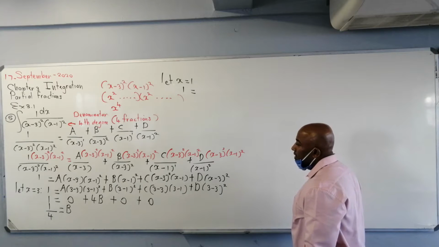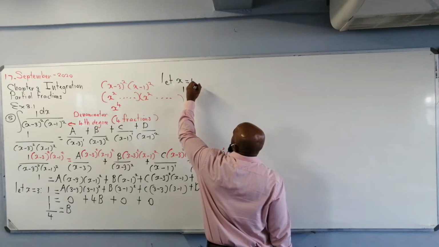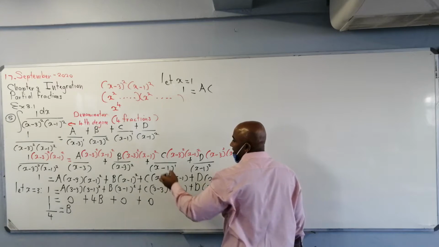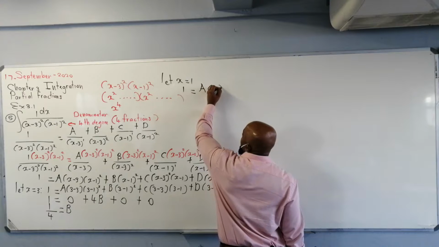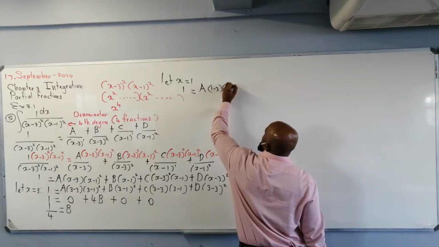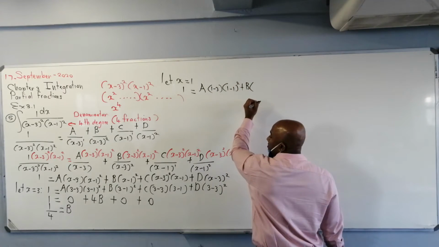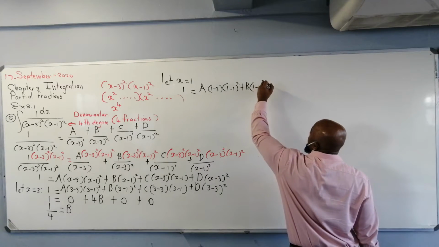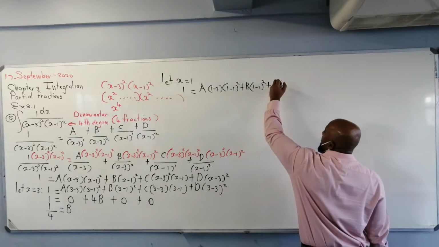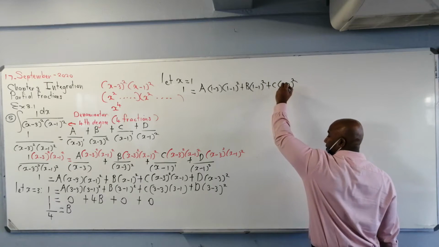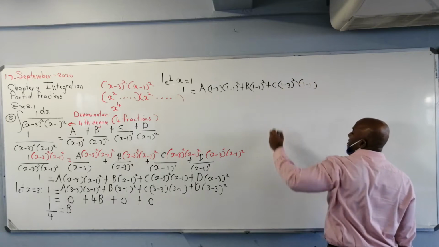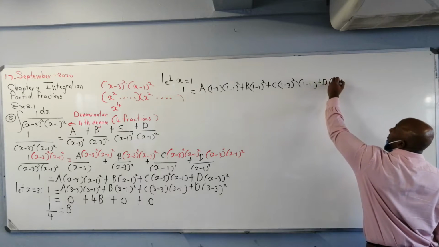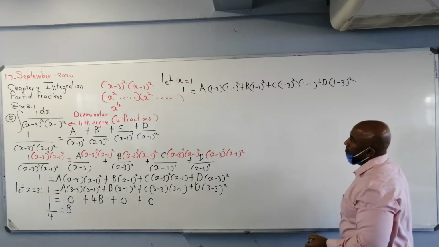So here we have a, and then we have x minus 3, so that's going to be 1 minus 3, and then we have 1 minus 1 all squared, plus b, then we have 1 minus 1 all squared there, plus c, this will be 1 minus 3 all squared, and then you have 1 minus 1, plus d, we have 1 minus 3 all squared.